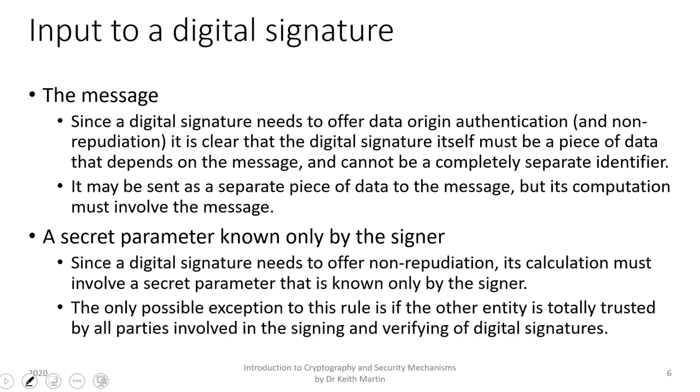So, when we want to create a digital signature, there are two things that we would use as inputs in creating the digital signature. The first part is essentially the data or the message, anything that we are communicating, we are sending.